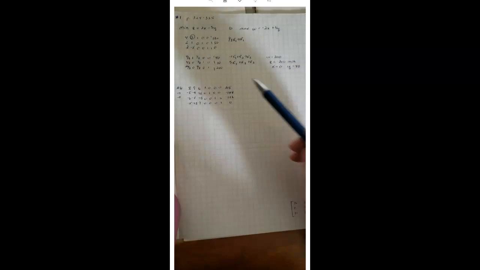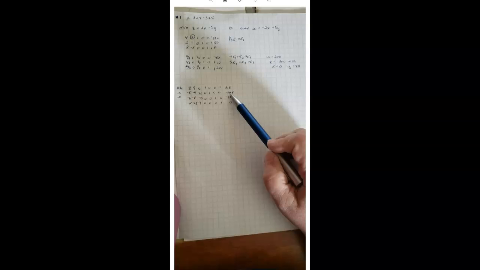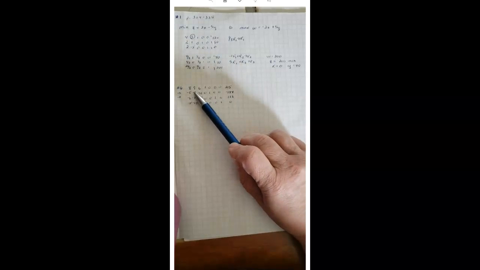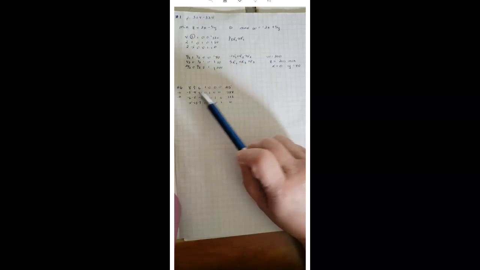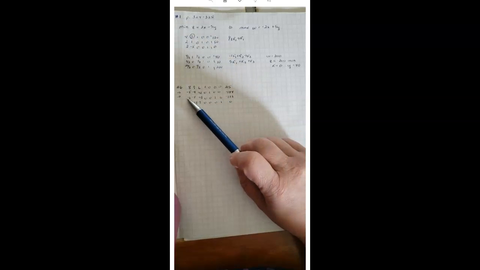Okay. Question number 6 just says set up the tableau, and it has a less than or equal to sign on the first one. It has a greater than or equal to sign on the 144. So what do I have to do? I have to negate each one of those, or make each part of it negative, and flip the greater than or equal to sign to a less than or equal to sign. Same thing happens on the 122. Instead of positive 6, I've got to make that a negative 6.